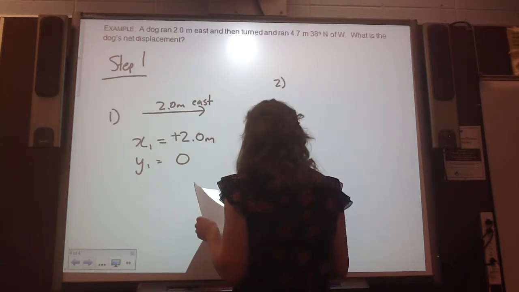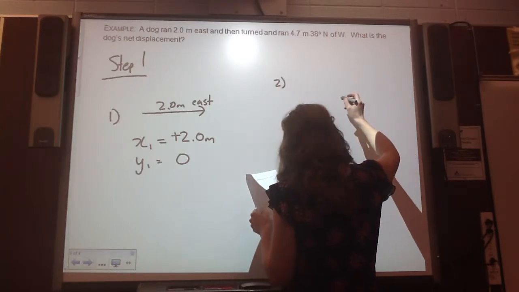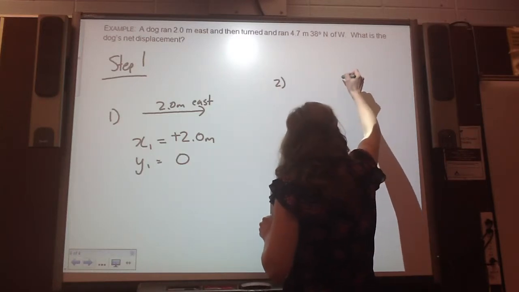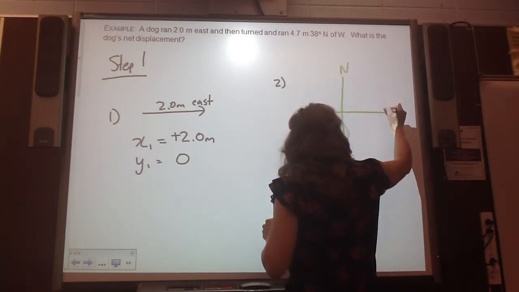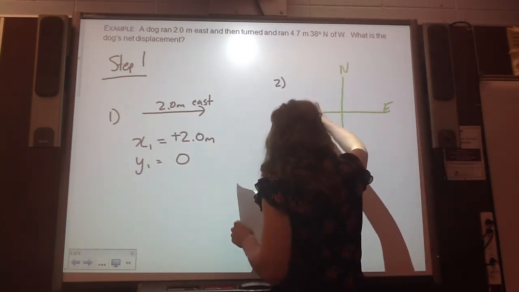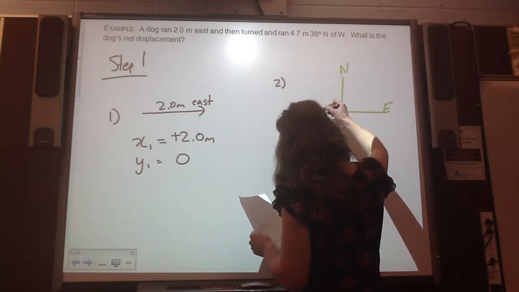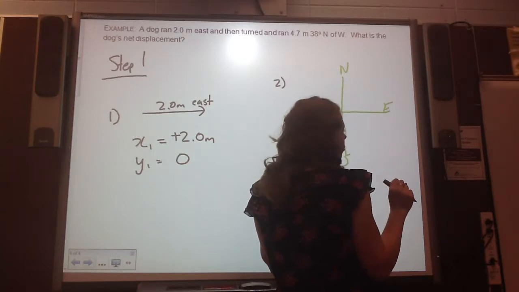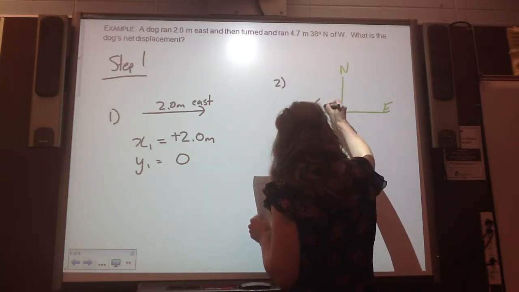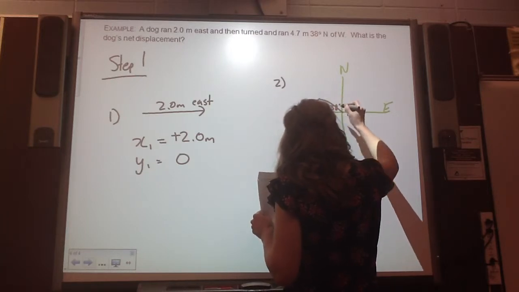So with this one, he went 38 degrees north of west. You need to start by drawing out your grid to help you visualize what's happening here. So I start at west, I go, just guessing, you don't have to use a protractor, 38 degrees, so theta is 38 degrees, okay?